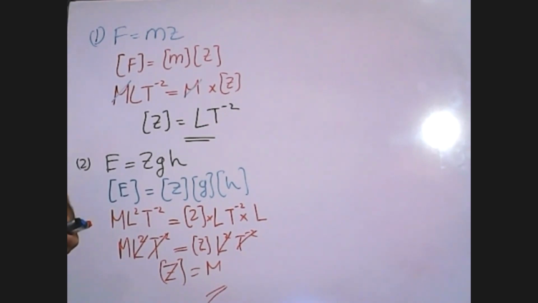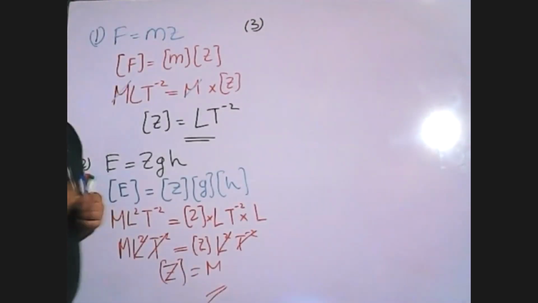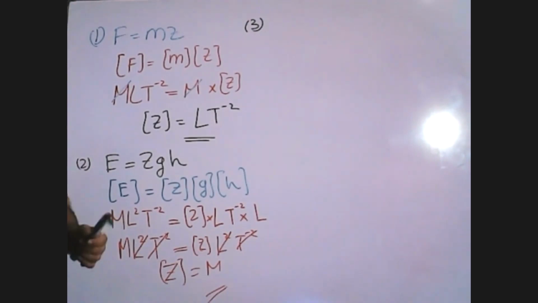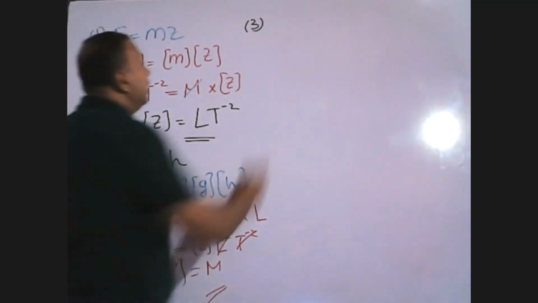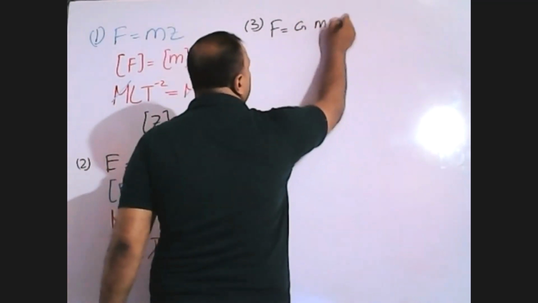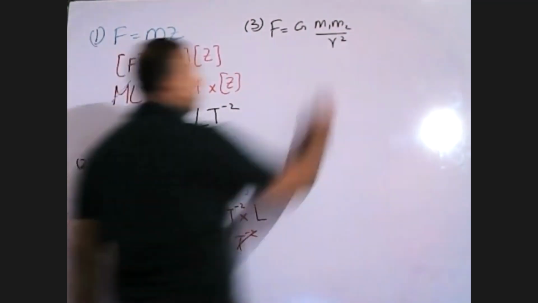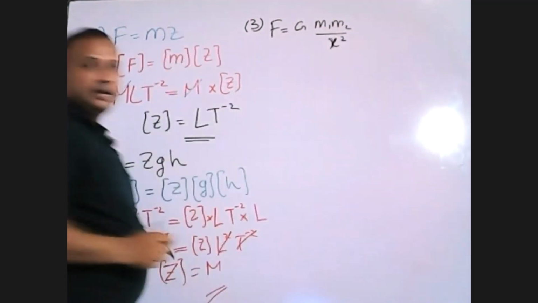Then third one. F equal G M1 M2 over R squared, X squared, no? X is a displacement, okay?